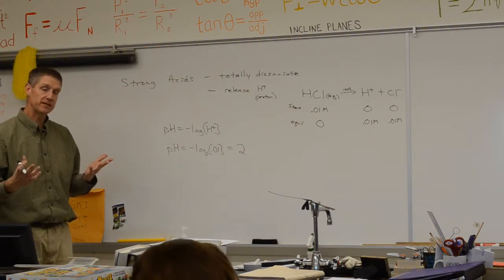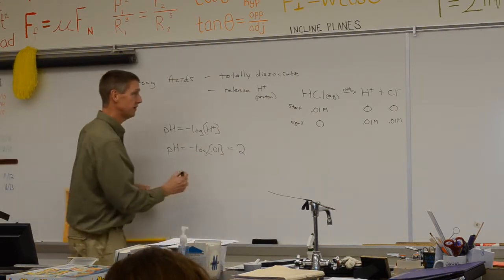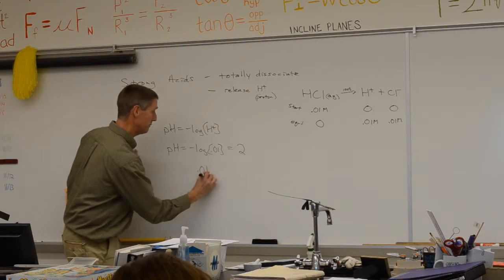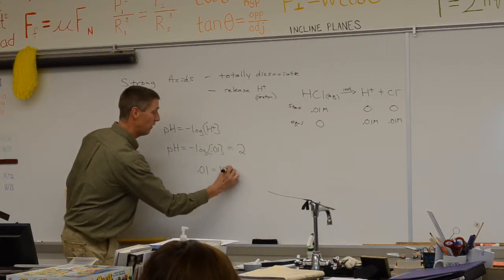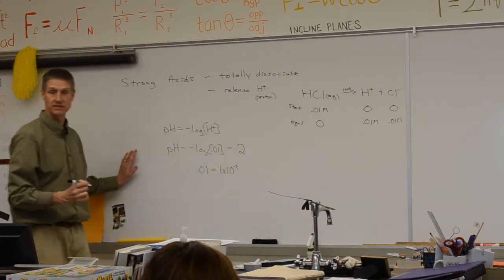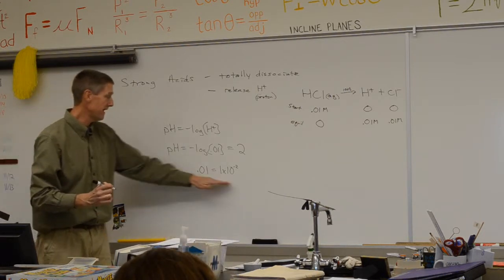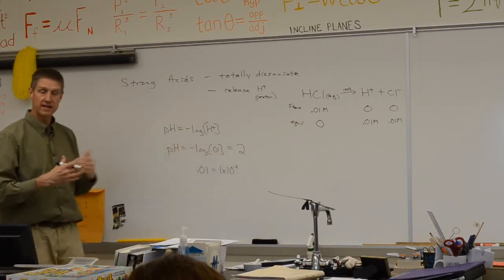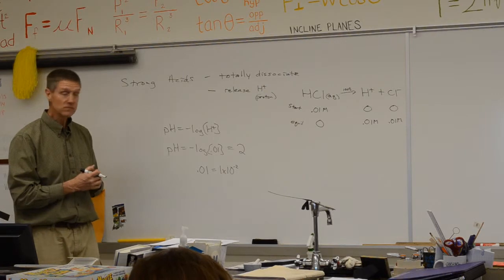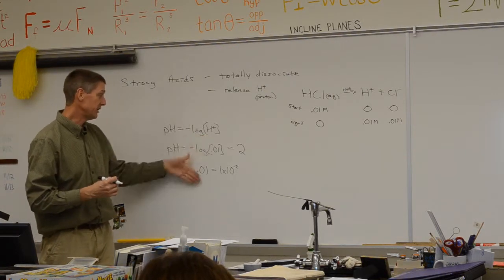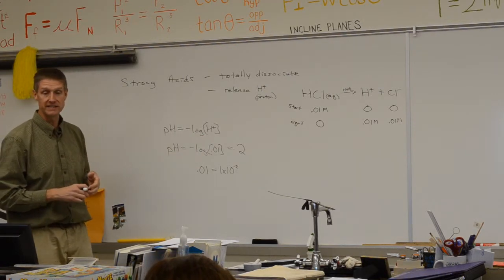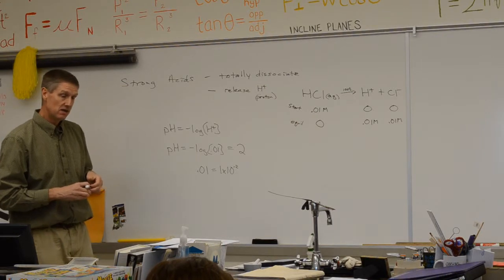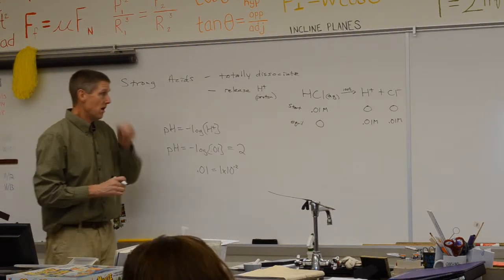Why would we remember that it's 2? Well, if the concentration is 0.01, remember that 0.01 is the same thing as 1 times 10 to the negative second power, isn't it? That might be helpful because then the exponent is the pH. That's pretty easy to use when the digits inside the concentration are ones.